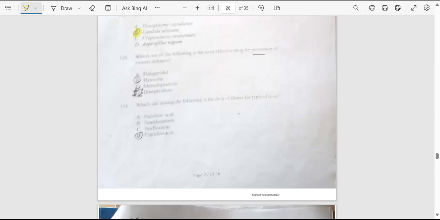It's hyoscine. Hyoscine is the one which is called scopolamine, if I'm not wrong. It's an anticholinergic, so it blocks acetylcholine, which is in the parasympathetic nervous system.